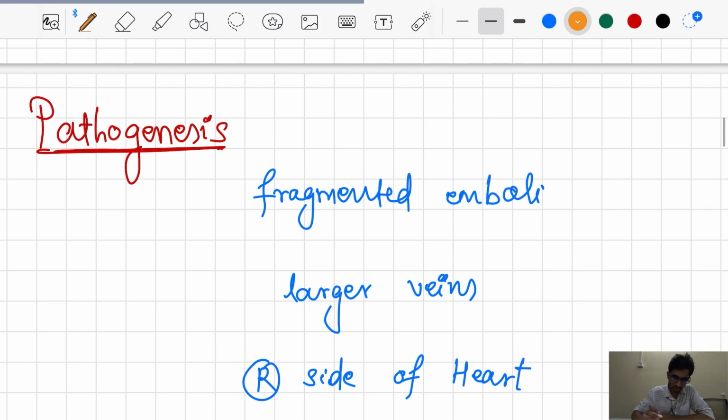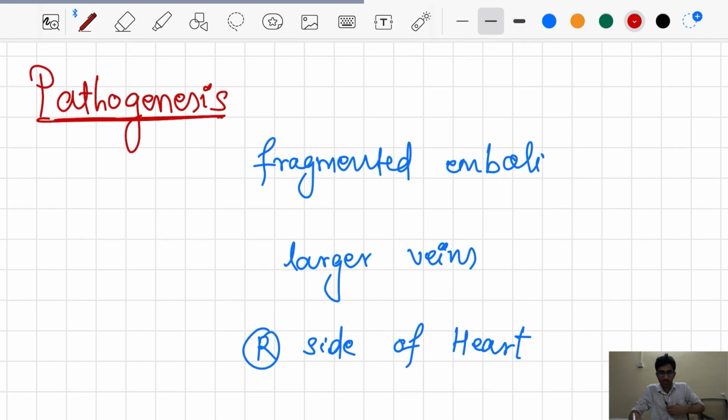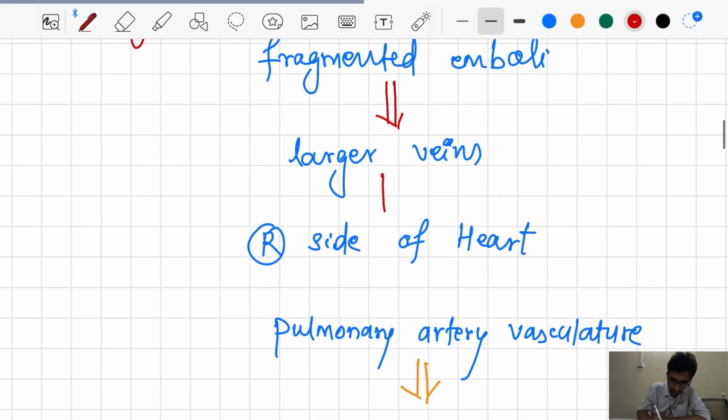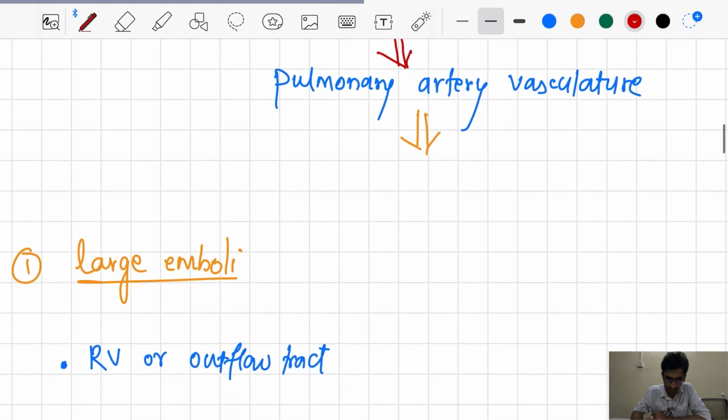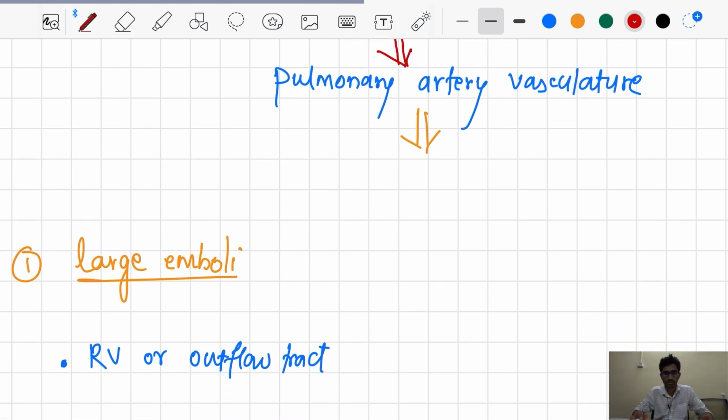Now, what is the pathogenesis? How does thromboembolism occur? First, the fragmented emboli are carried by larger veins to the right side of the heart, and from the right side of the heart they enter the pulmonary artery vasculature. After entering the pulmonary artery vasculature, three things can happen.